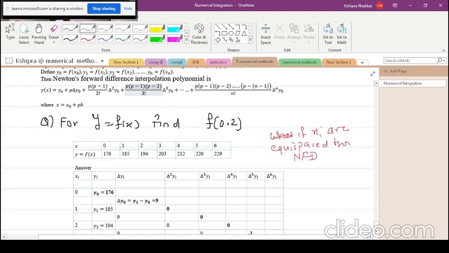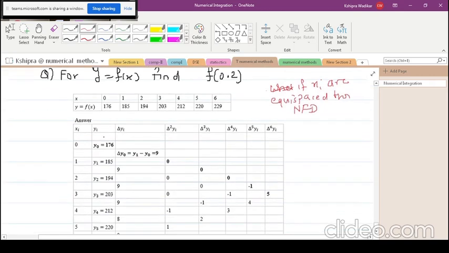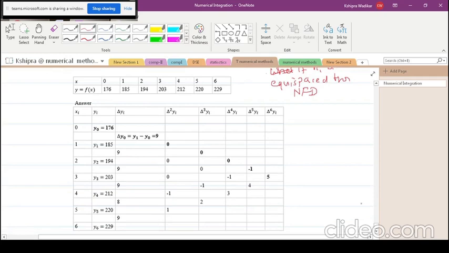What is the common difference between x values? That is 1 minus 0, that is 1; 2 minus 1 is 1; 3 minus 2 is 1. You should consider the difference between any two consecutive x values. Now the value 0.2 is very close to the beginning, the tabular value 0. So we apply Newton's forward difference interpolation.